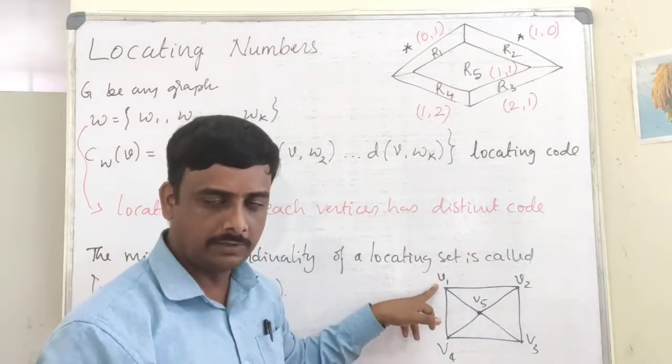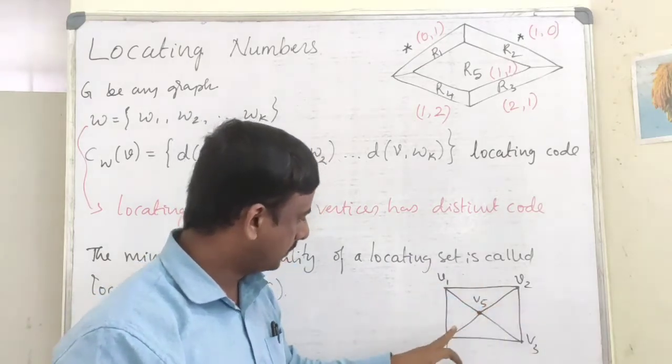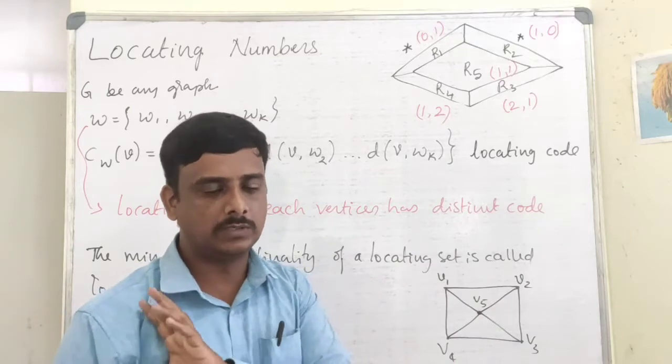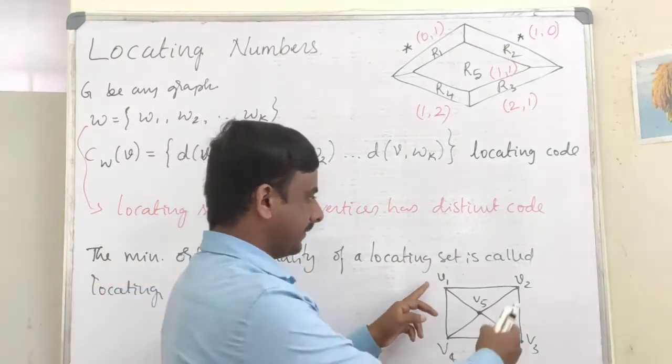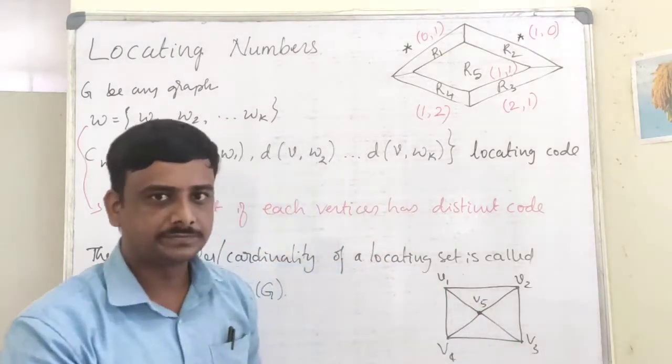Suppose I take only V1 as the locating set, then V2, V4, V5 get the same code, again 1, 1, 1. That will be a problem. If I take V1, V2, then you get different codes.